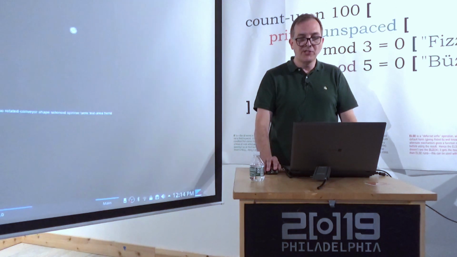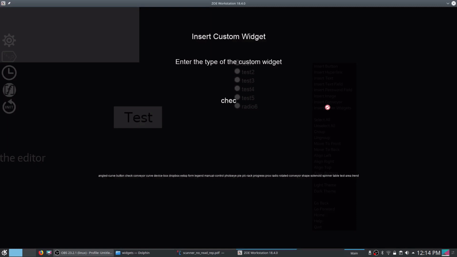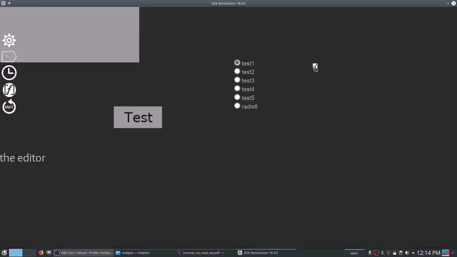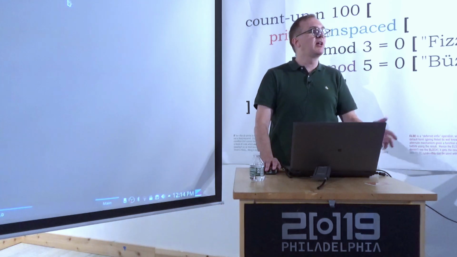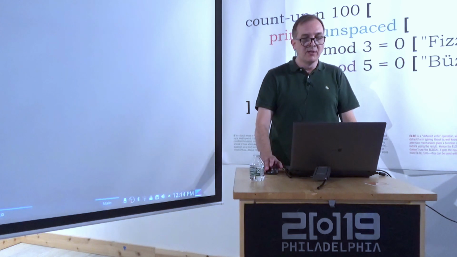So we have all the usual suspects, checkboxes too. So there's our checkbox, and you can put in text, and just save that. And of course you're just going to script the on-click button to do whatever you want your checkbox to do.